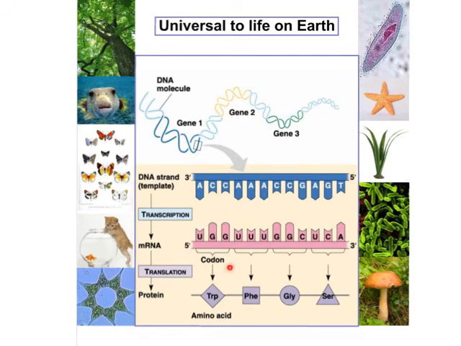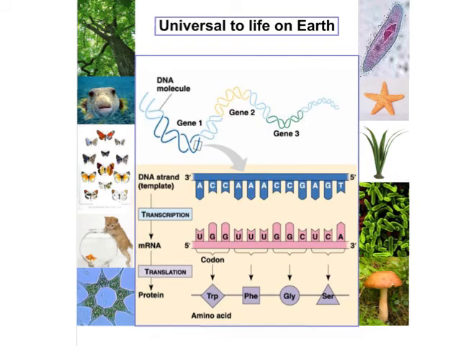And here you see how the codon is these 3 nucleotides together. That codon codes for a particular amino acid. Each one codes for a very specific amino acid. These are just abbreviations. And those amino acids strung together in a particular order will make a protein.